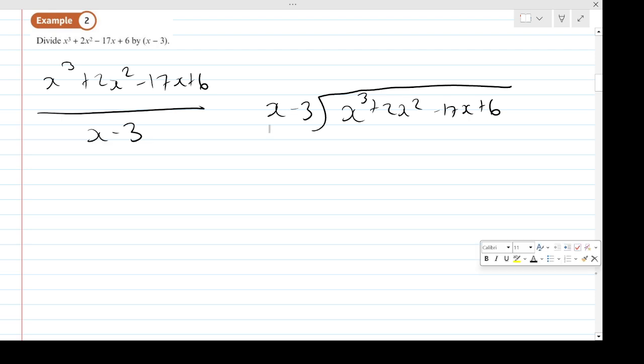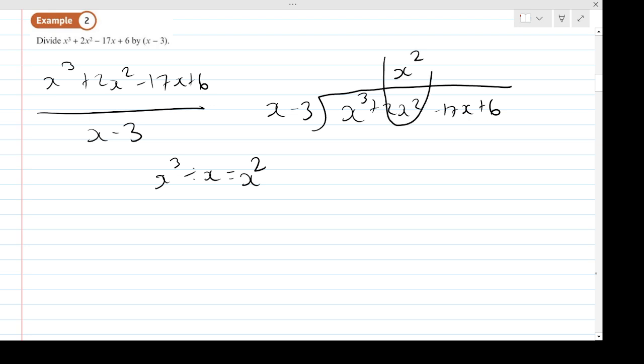So x cubed divided by x is very simply x squared. So I'm going to put that there, and it's going to match the x squared column, as it matches the x squared term there.